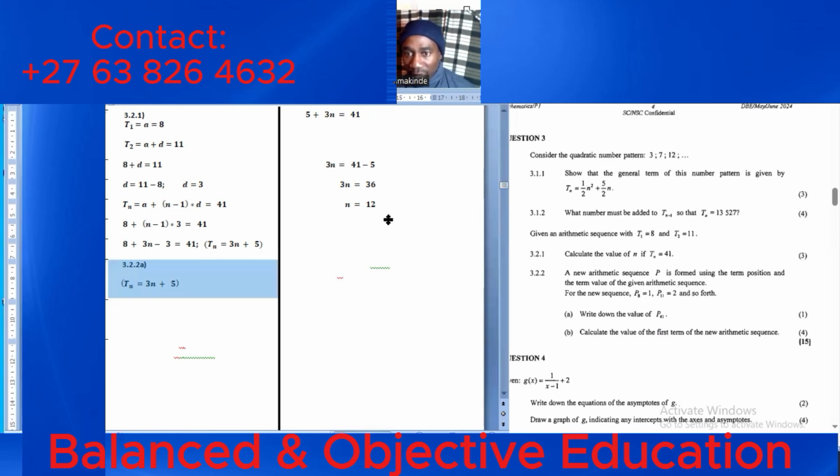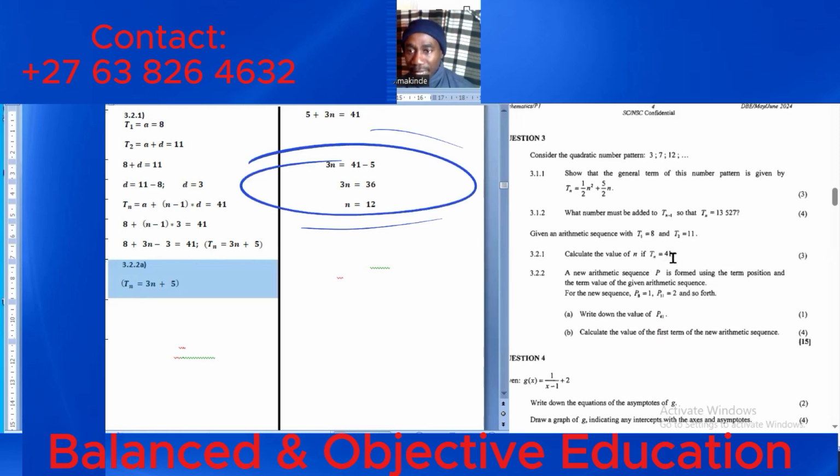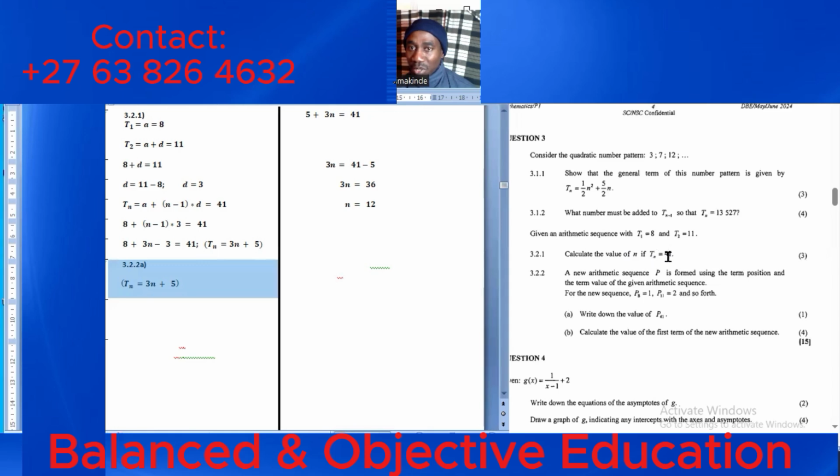If you look at what we calculated in question 3.2.1, you will see that the position that will give you a value of 41 in the original sequence is term 12. So it means that the value that will occupy the 41st position in the new sequence P will be 12.